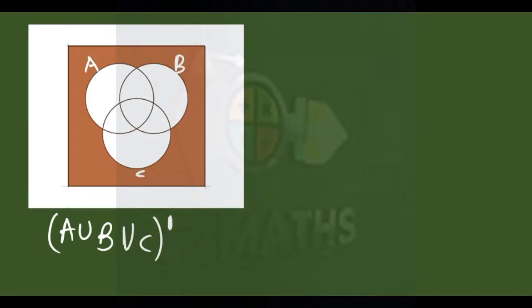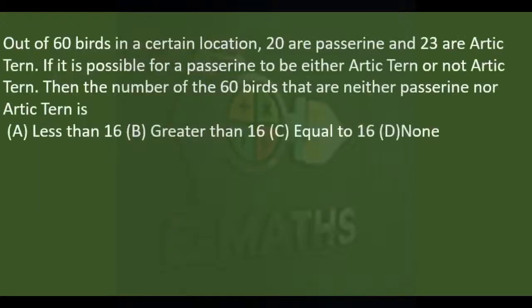But let's now solve just a simple question to illustrate Venn diagram. So look at this, they said out of 60 birds in a certain location, 20 are passerine and 23 are Arctic tern.